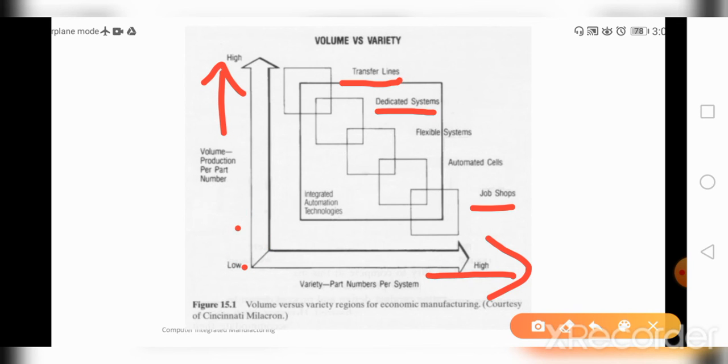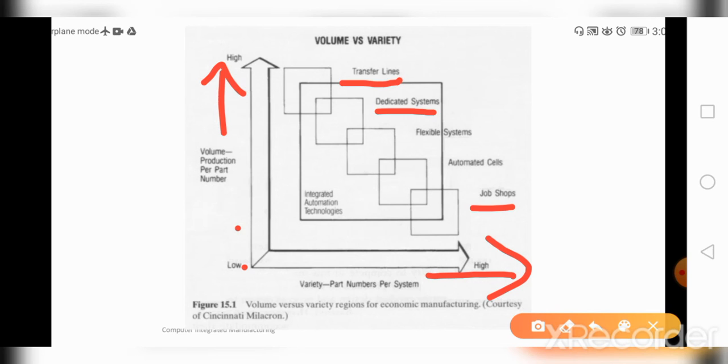Job shops are customized, for example shipbuilding. These are customized products where we mainly concentrate on a single product, and it is highly flexible. Depending upon the customer need only, they will manufacture.